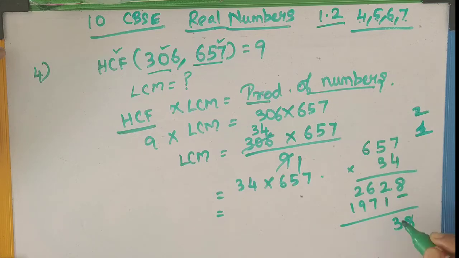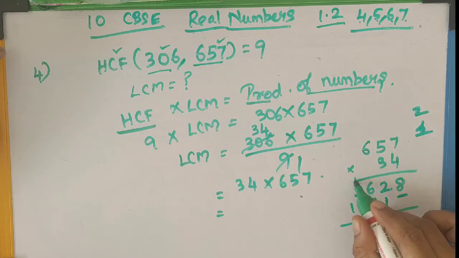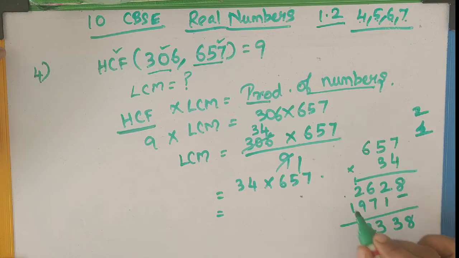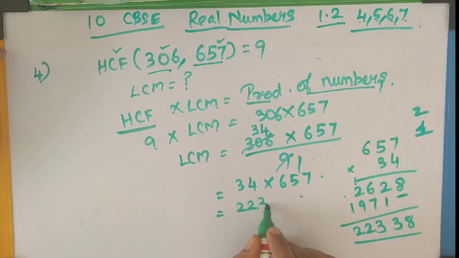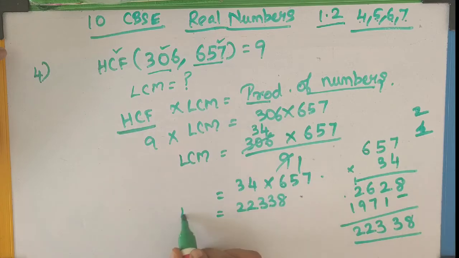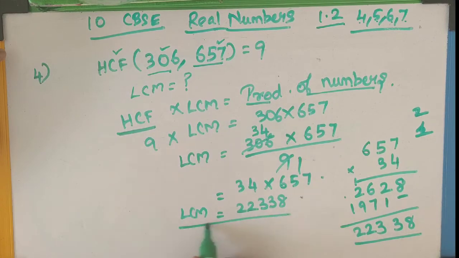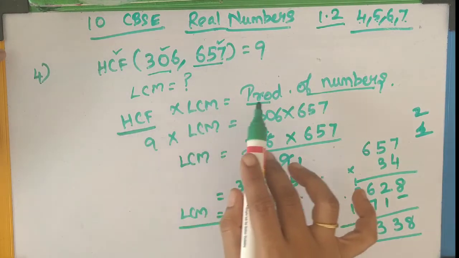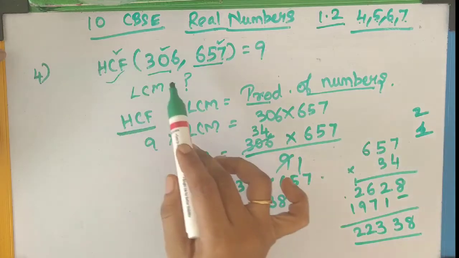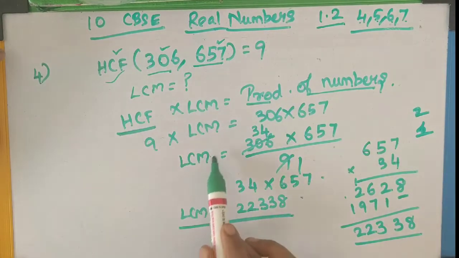Now, I have got the LCM, that is 657 into 34, that is 22,338. This is the LCM. So, when we have the HCF and the two numbers, we can easily get the LCM. Are you clear?